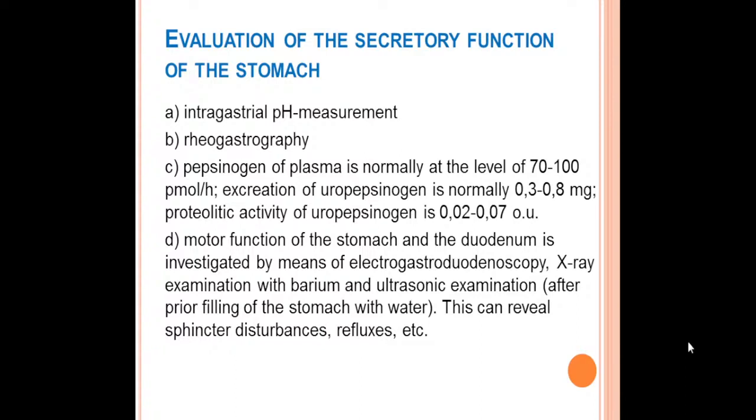Motor function of the stomach and the duodenum is investigated by means of electrogastroduodenography, X-ray examination with barium, and ultrasonic examination after filling of the stomach with water. This can reveal sphincter disturbances, refluxes, etc.